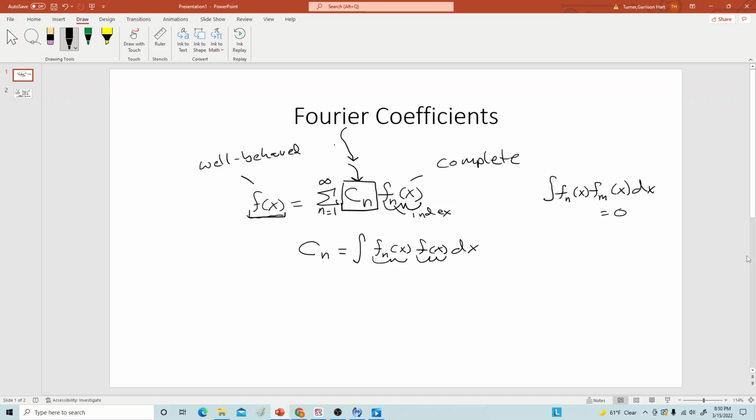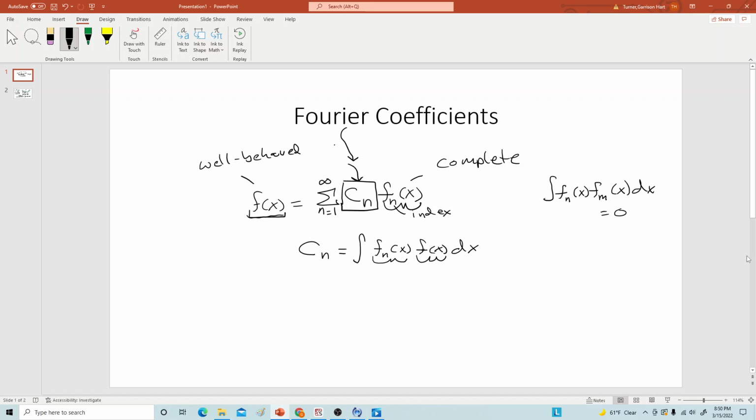Okay, if n and m are different, so for example, if you're going to integrate your n equals 1 function from your complete set and your n equals 2 function from your complete set, and you integrate those over your specified interval, then your result will be 0. Okay, so that's one of the conditions of a complete set.